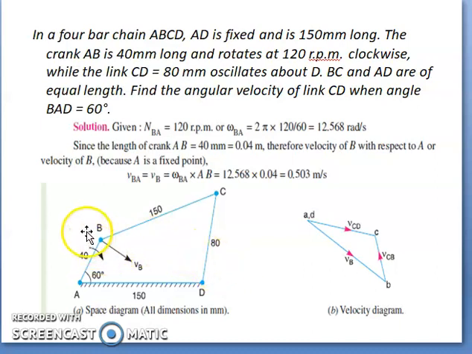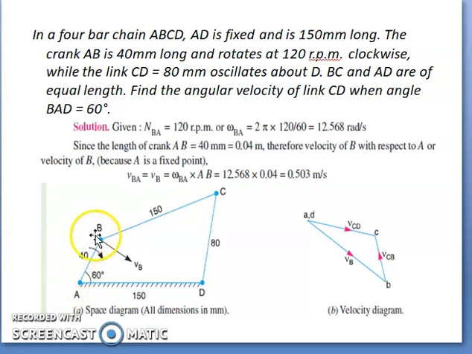So the velocity of B with respect to A is also equal to the velocity of B, because the point A is stationary. So it can be called the absolute velocity of the point B.